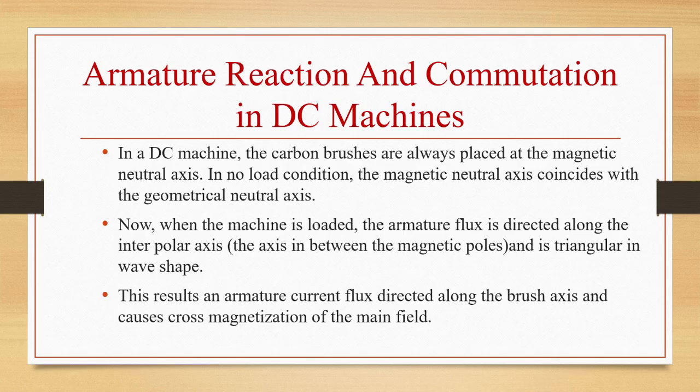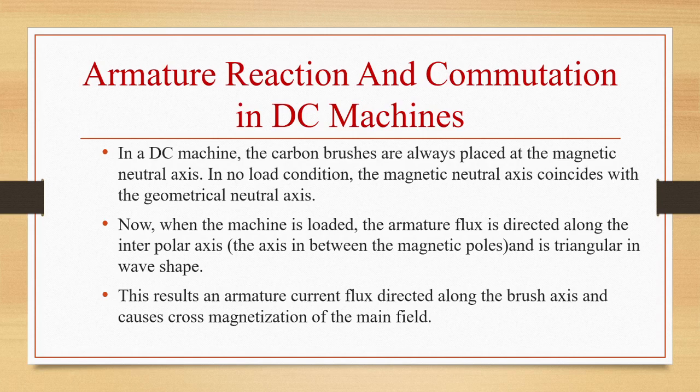So let us see it briefly so that we can continue with the topic. In a DC machine, carbon brushes are always placed at the magnetic neutral axis. Magnetic neutral axis is nothing but which is in the middle of the conductors.